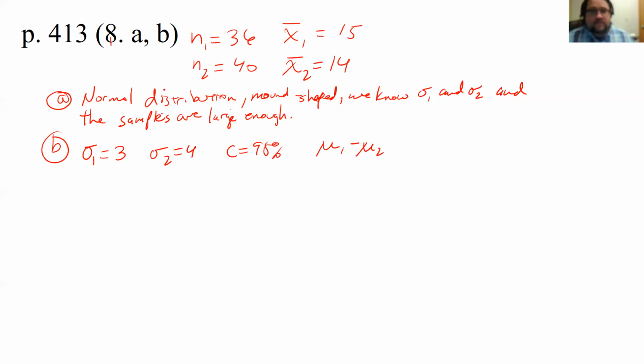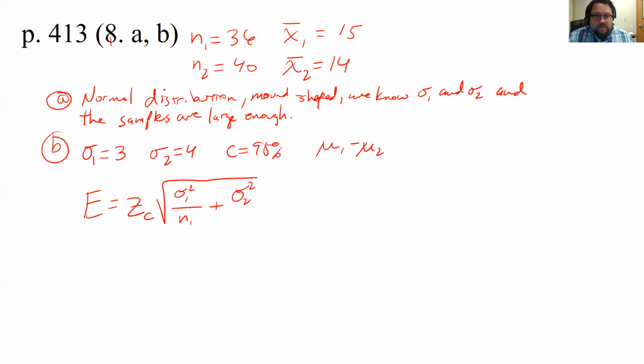All right, so let's start with, we got to calculate our E value. So just a reminder, our new formula looks like the following. Sigma 1 squared over N1 plus sigma 2 squared over N2. And then our confidence. So let's get our Z value.